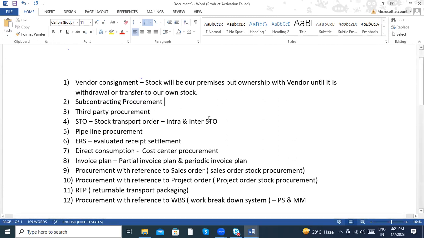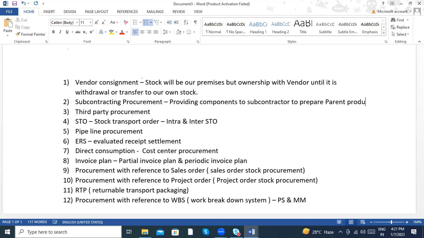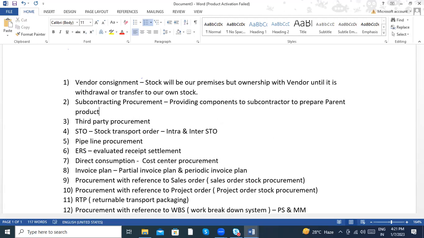The subcontracting process is providing components to a subcontractor to prepare the FG, the finished good; the component is the child and the product is the parent.